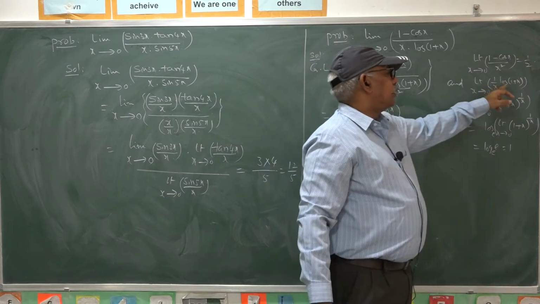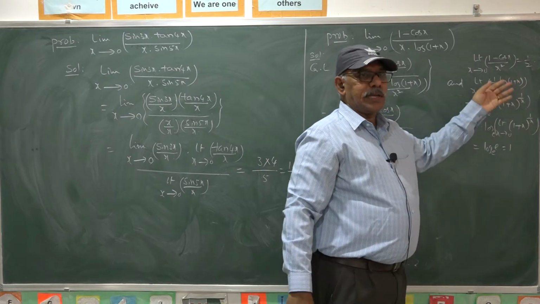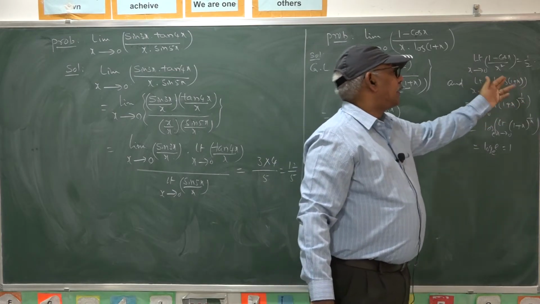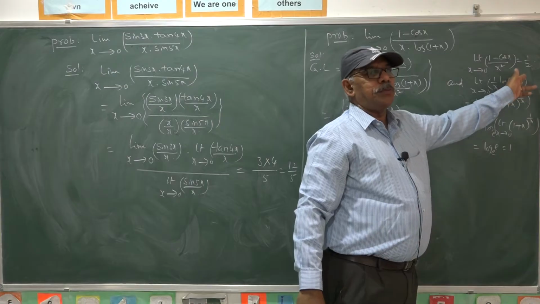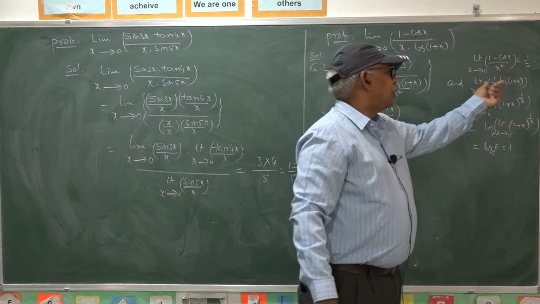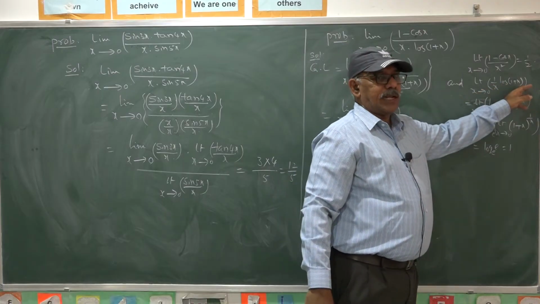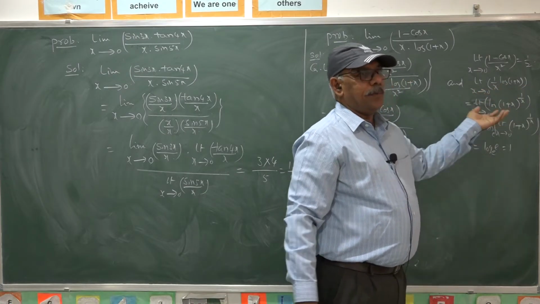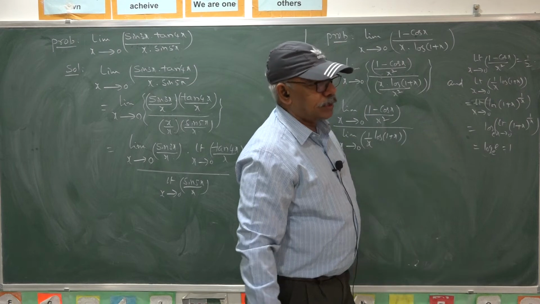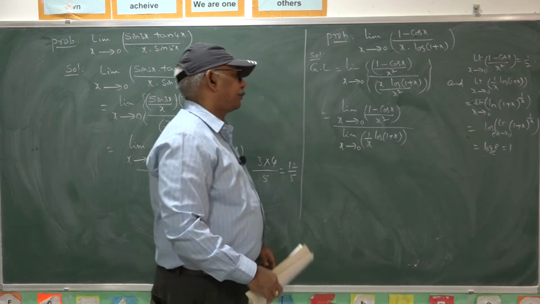Otherwise, you can write log 1 plus x expansion as x minus x square by 2 plus x cube by 3, like that. Use the expansion of log 1 plus x and divide that expansion with x and apply the limit. That is one more procedure here to evaluate that limit.